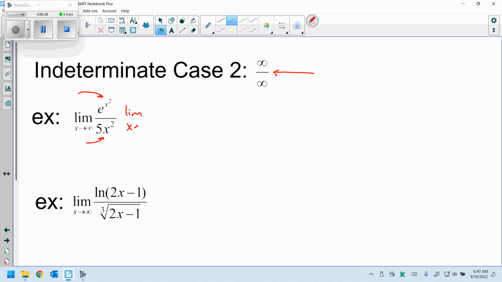Limit as x approaches infinity. Derivative of e to the something is e to the something times the derivative of the something, 5x squared. Let's see, I'm going to get 10x.